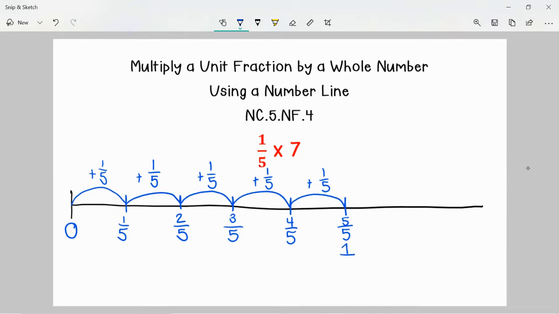So I know so far I've jumped 1/5 5 times, but I need to show 1/5 7 times. So I need to keep going. Here's 1/5 again, and that would be 5/5 plus 1/5 would be 6/5, or we could say that's 1 and 1/5. And now to jump our final 1/5.